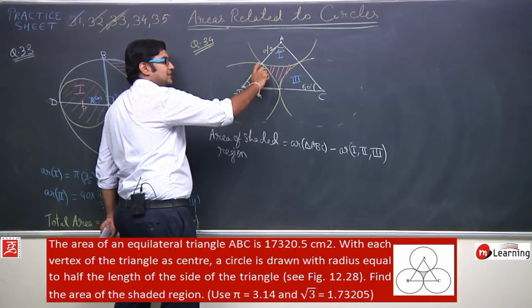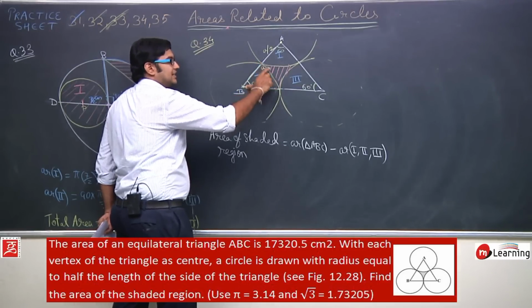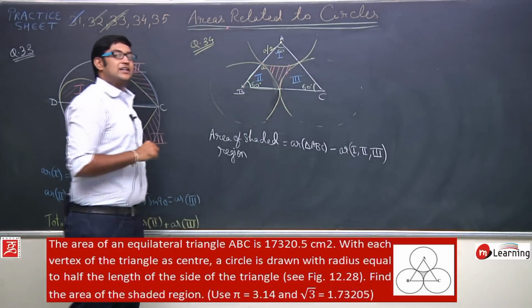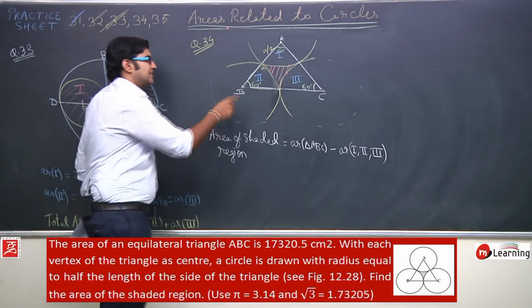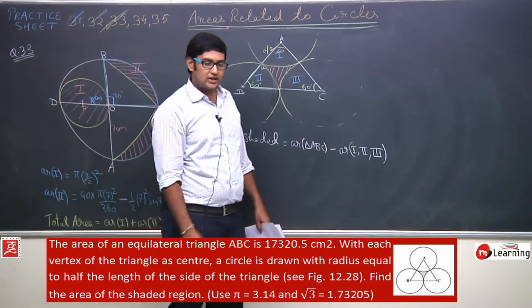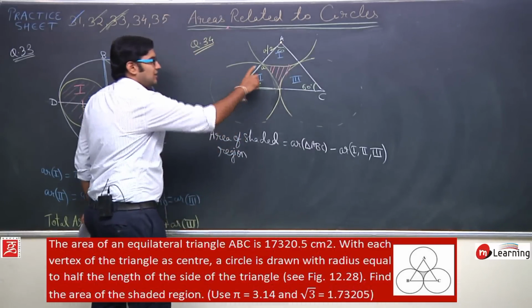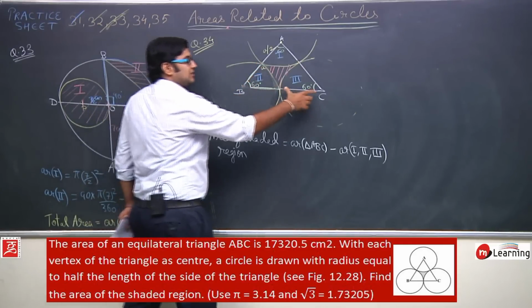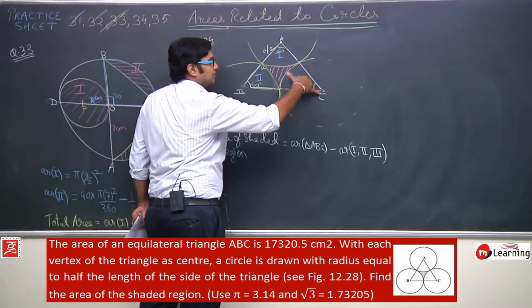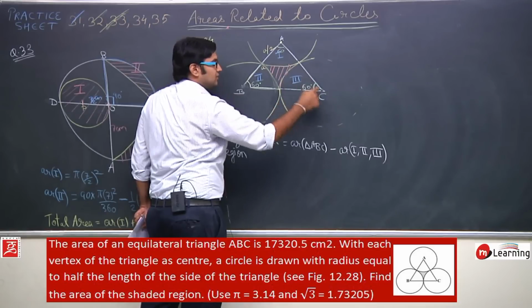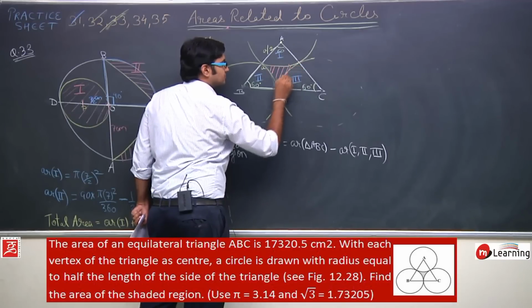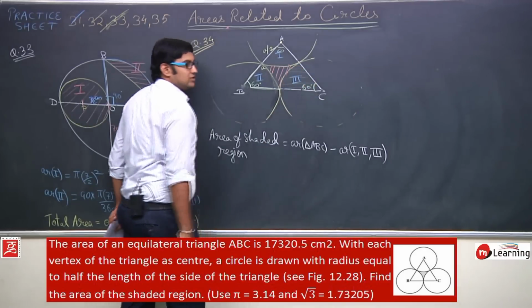So this is a sector of a circle, and the central angle of this sector is 60 degrees. This is also a sector of the circle, and this is also a sector.